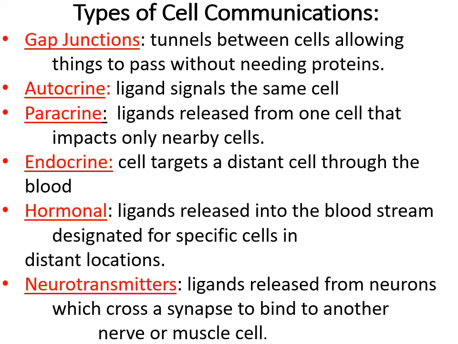But also there's organs called endocrine organs that produce hormones that they secrete into the bloodstream. And the pancreas would be a perfect example of an endocrine organ. It's an organ that secretes a hormone into the bloodstream.